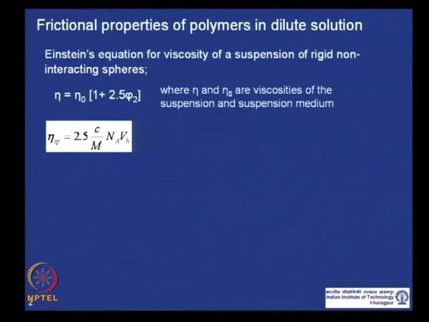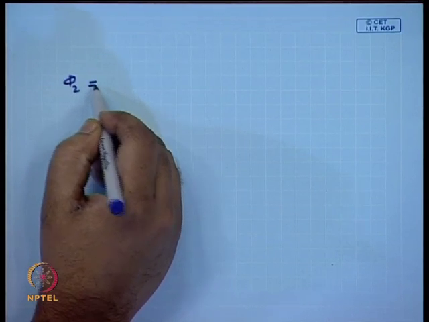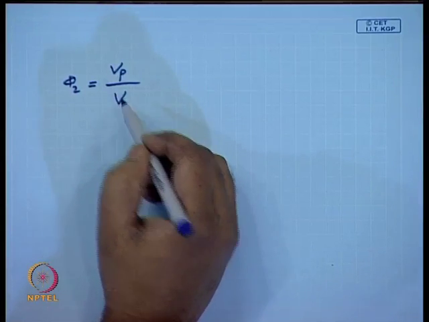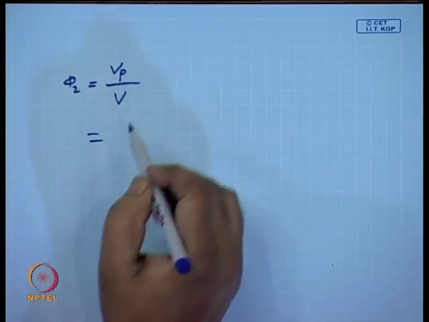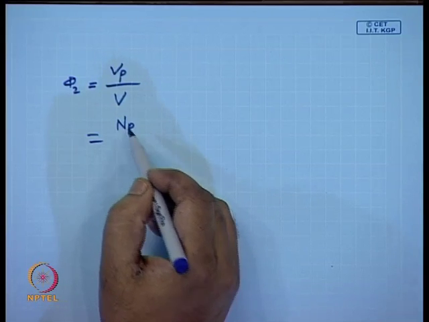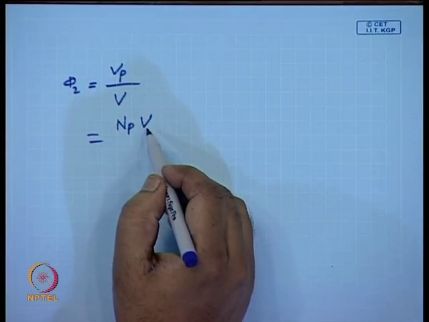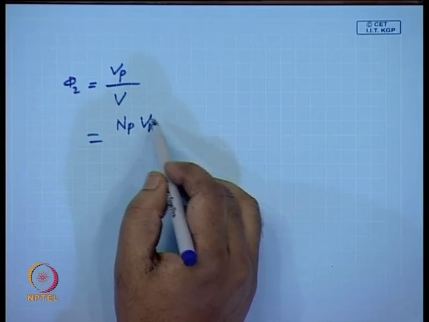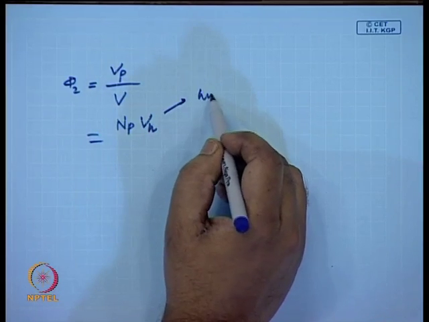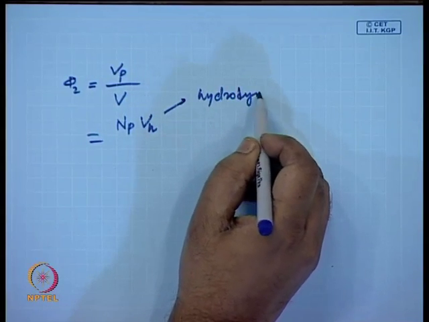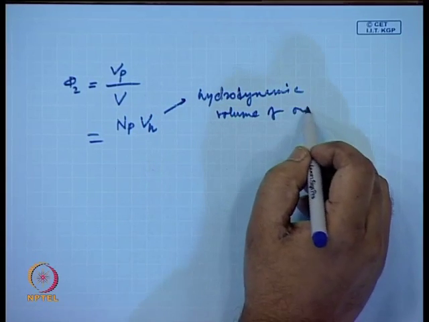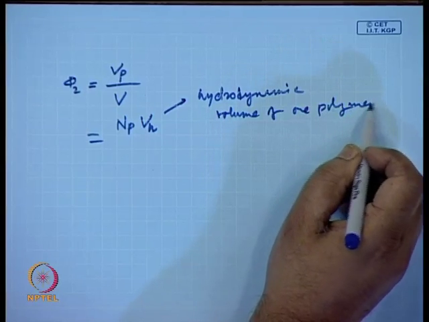Now, it can be easily shown to have this expression. Let me show that phi 2 is the volume fraction, which is given by volume of polymer divided by total volume. Volume of polymer is given by number of polymer molecules times VH, where VH is the hydrodynamic volume of one polymer coil.